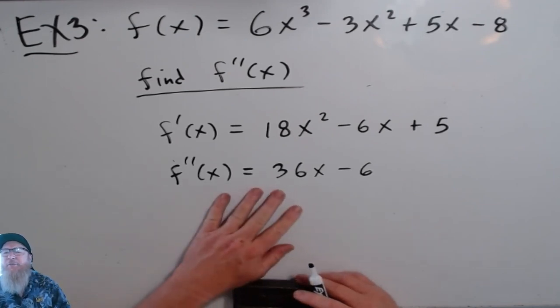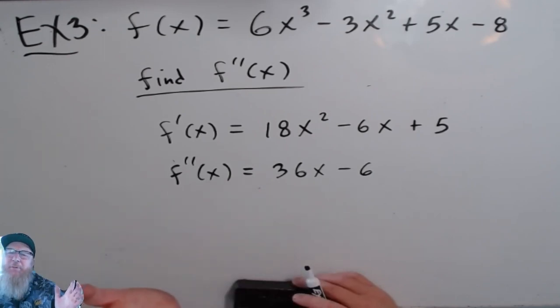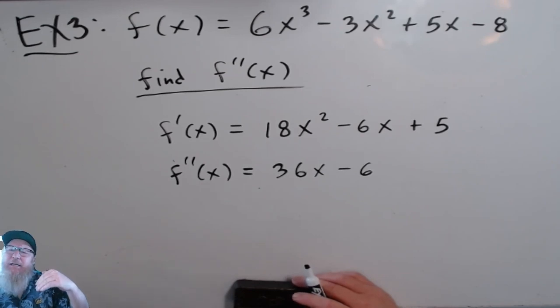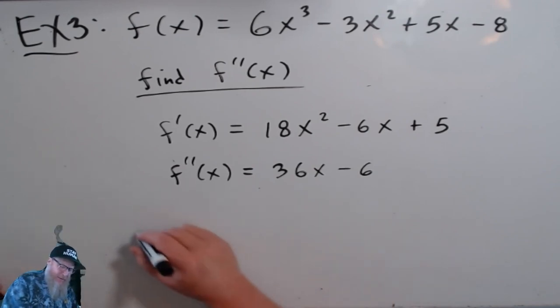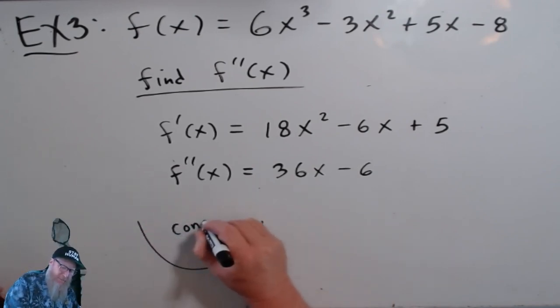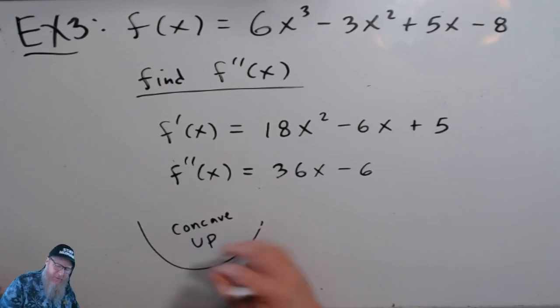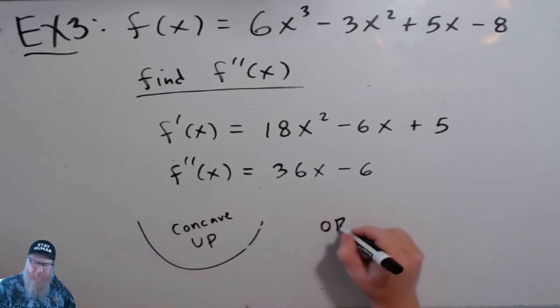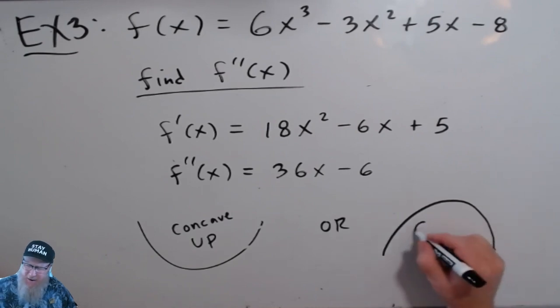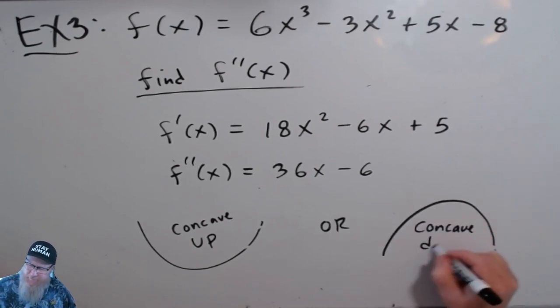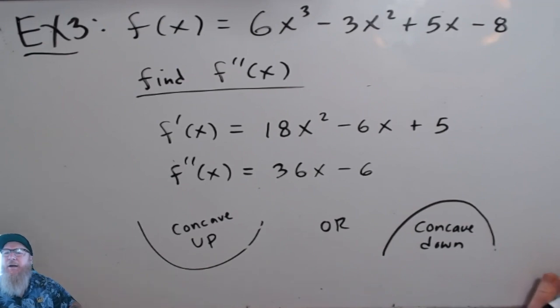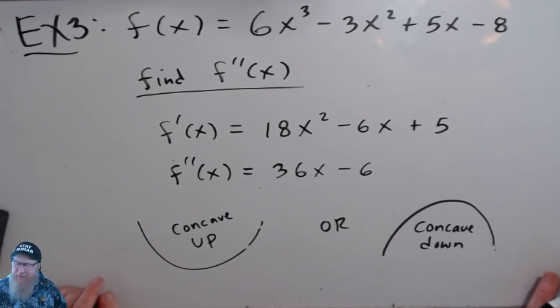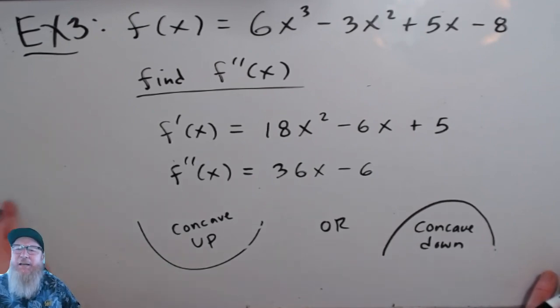Okay. So what does the second derivative tell you about the graph? It tells you about the shape called concavity. And we're going to do a test to see whether the graph is concave up, like the letter U, or whether the graph is concave down. Now there are other words for these. When I first learned calculus, I already had a pretty good understanding of concavity.